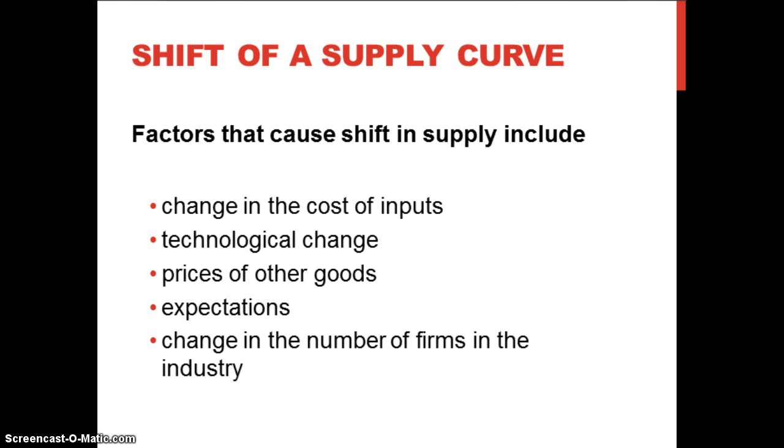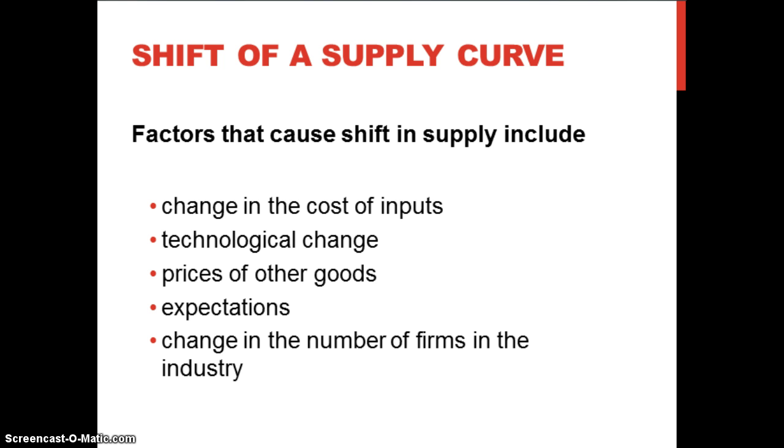There can be several factors other than price which can cause a shift of the supply curve. First, changing the cost of inputs. For instance, in the case of cars, when the price of iron goes up, the cost of producing cars also goes up, and then suppliers will produce fewer cars because costs increase.